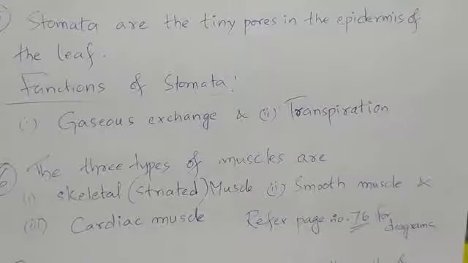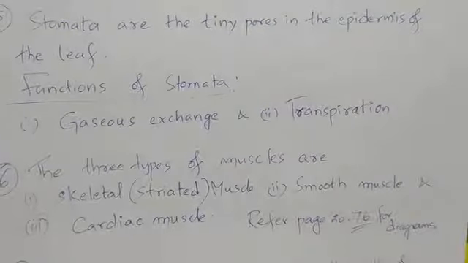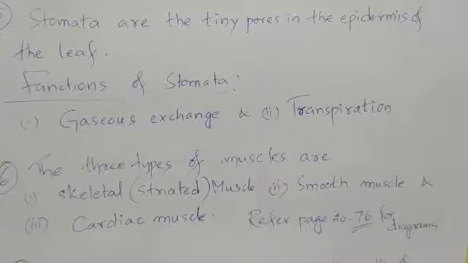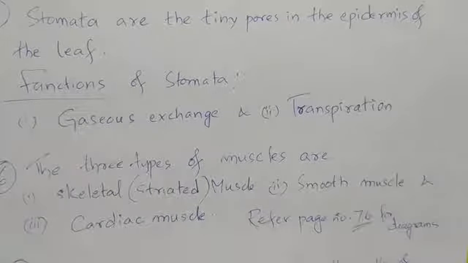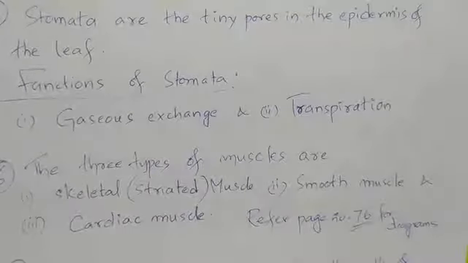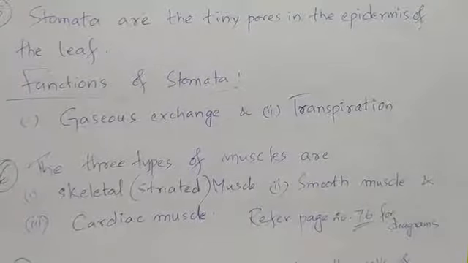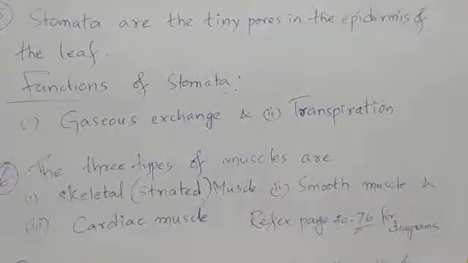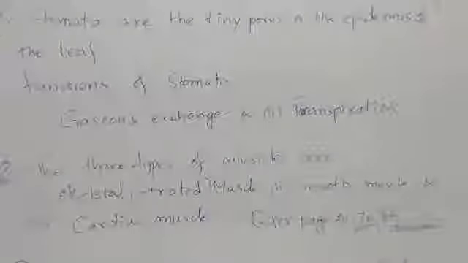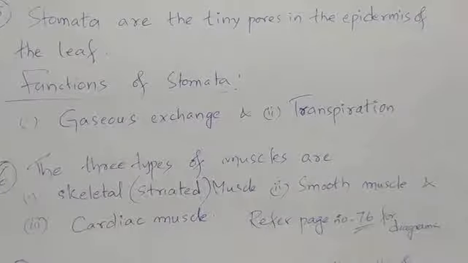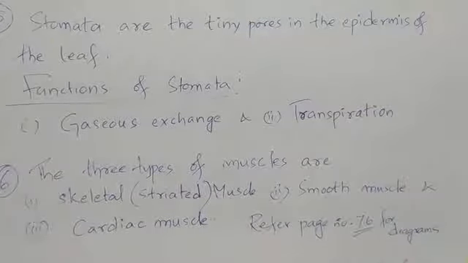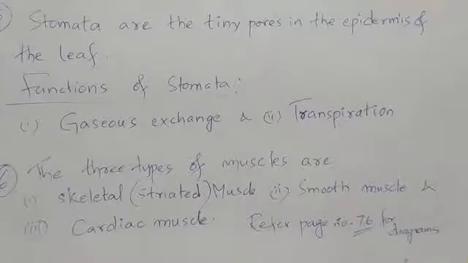Gaseous exchange means by photosynthesis oxygen is released, by respiration carbon dioxide is released. How would they go out from the plant body? Through stomata. And how does the needed carbon dioxide for photosynthesis enter into the plant leaves? Through stomata. And how would the oxygen needed for respiration enter into plant body? Through stomata.